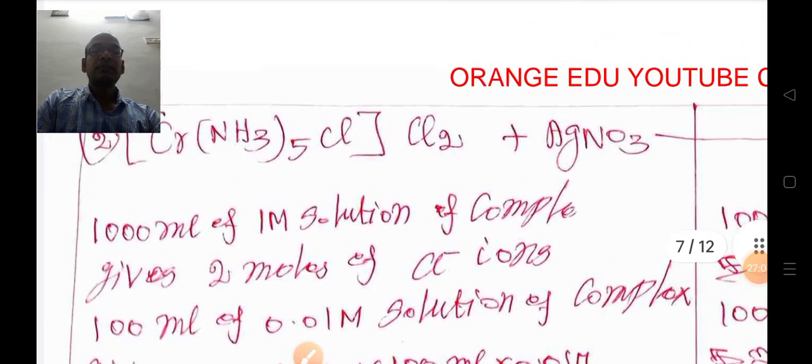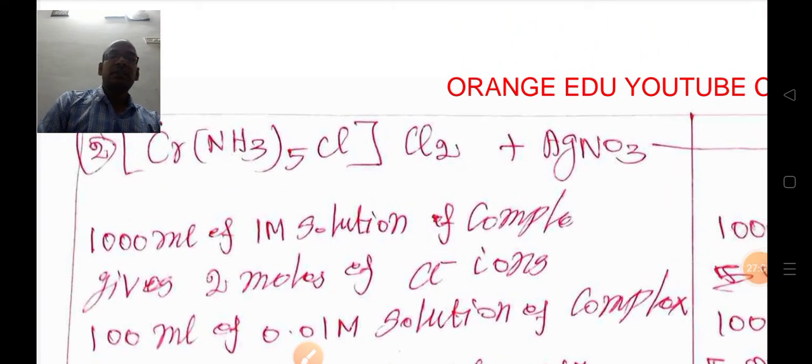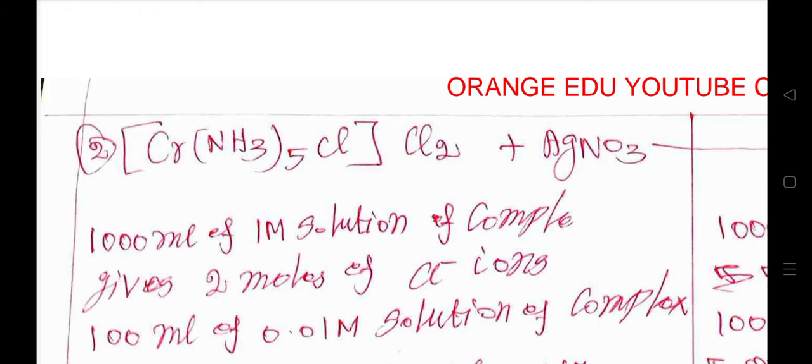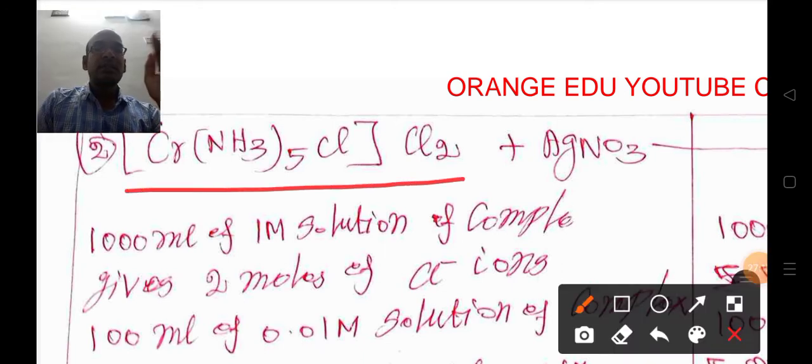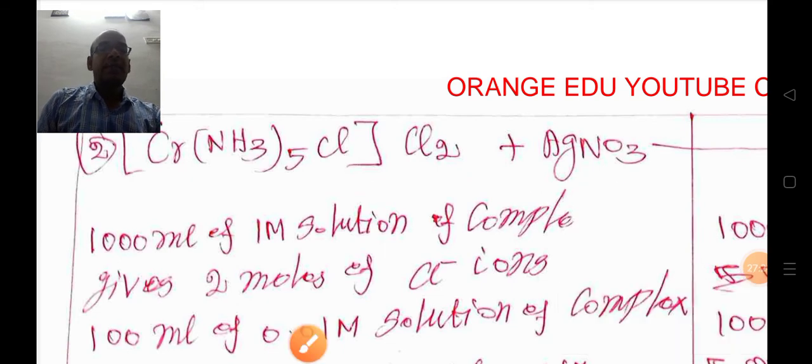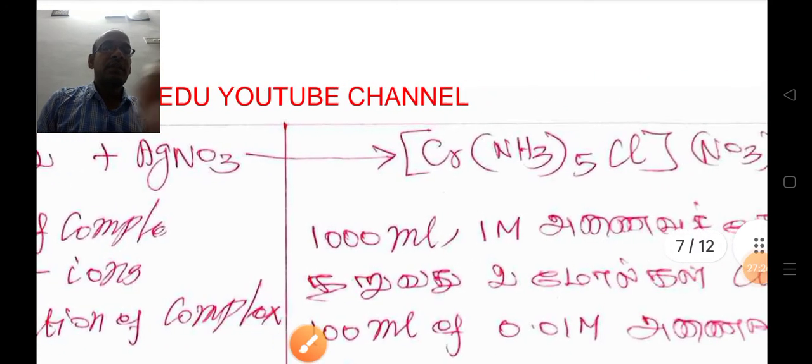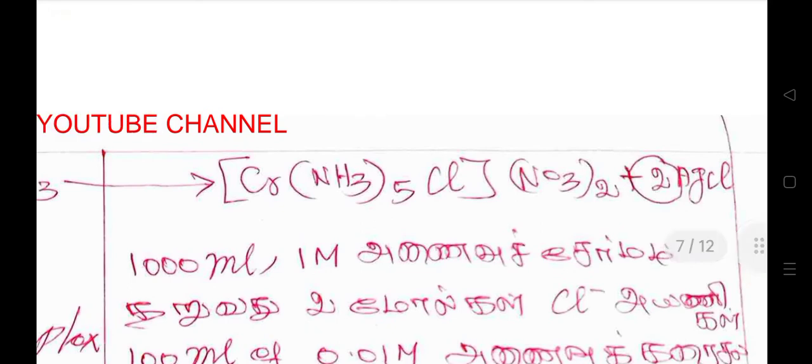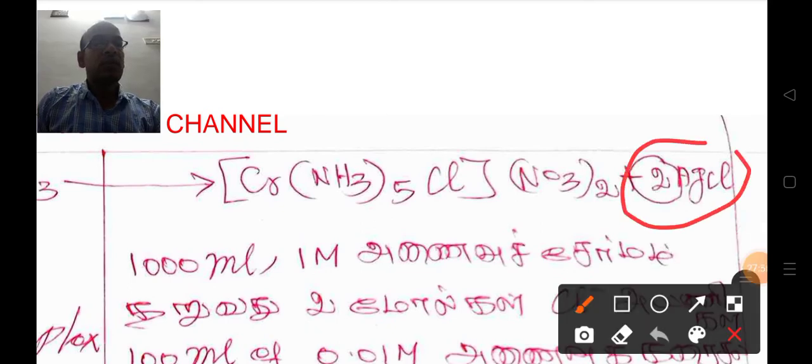In this example, the given complex is this. You convert the IUPAC name into the molecular formula format, react with the AgNO3, it gives 2 moles of AgCl. Based on that, we can solve the question.